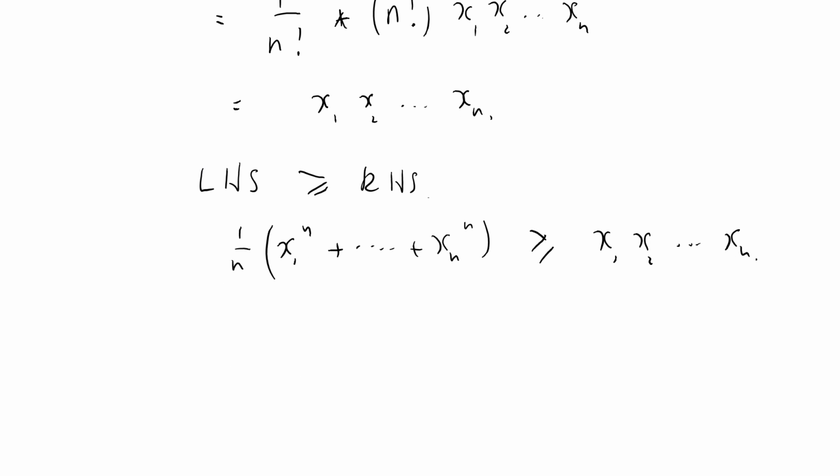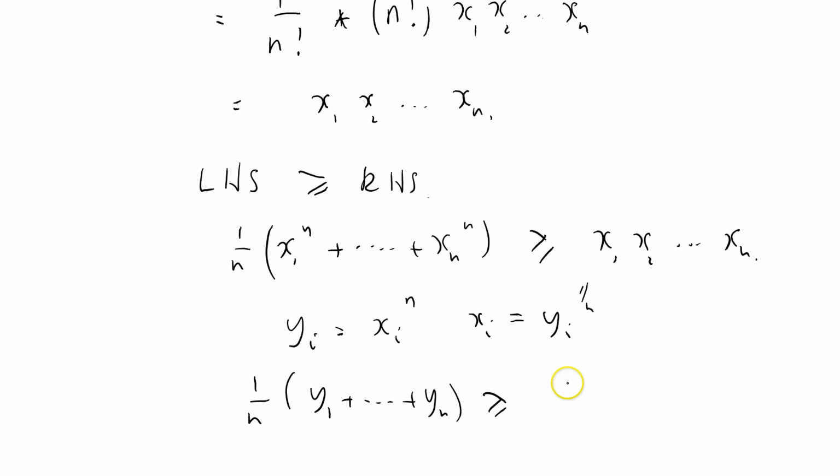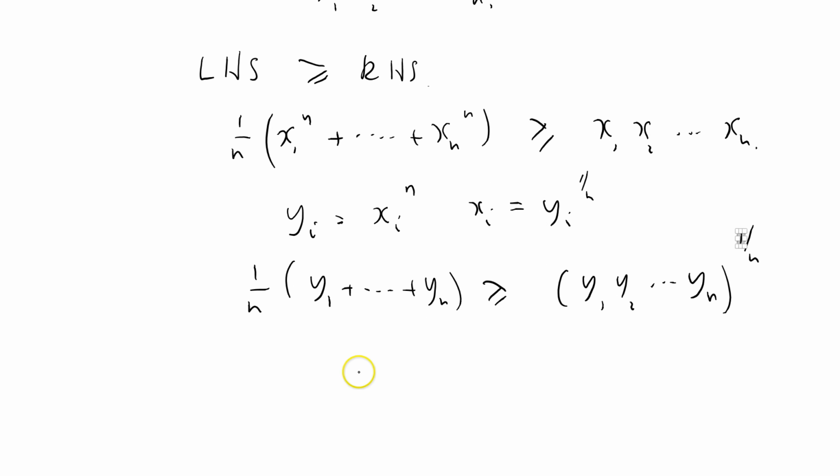It should be familiar, because if I write that yi equals xi to the power n, xi equals yi to the power 1 over n, that tells me that 1 over n times y1 plus dot dot dot plus yn is greater than or equal to y1, y2, all the way through to yn to the power 1 over n, which is our old friend, the arithmetic geometric inequality, which you have derived from Muirhead's inequality, which is quite a powerful thing.